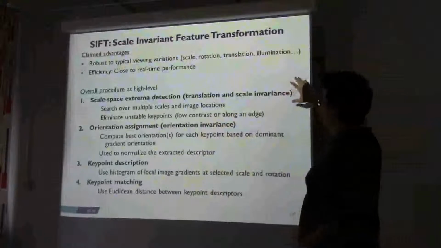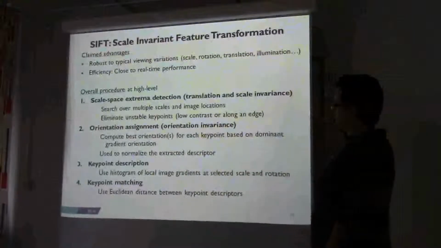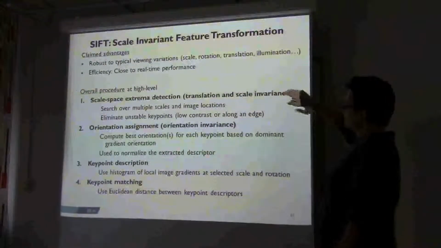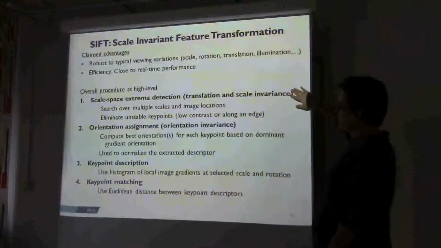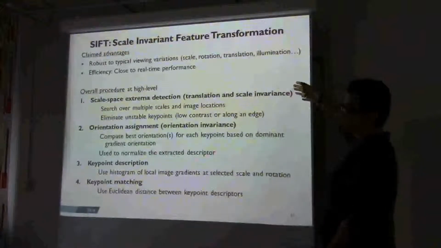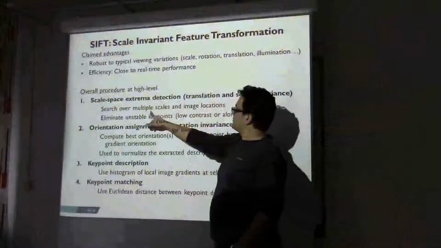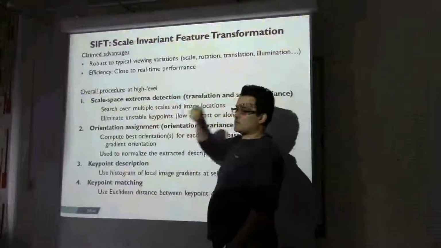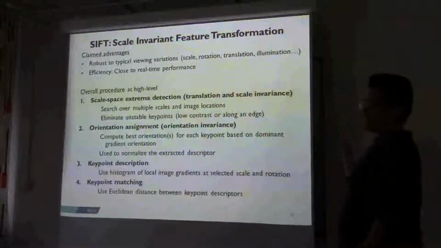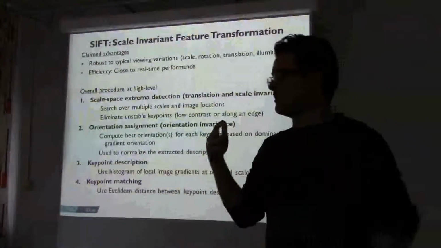At a high level, what this method does is detect points, and to achieve scale invariance, it gets points at different scales in the image. So you have a new image at each scale.